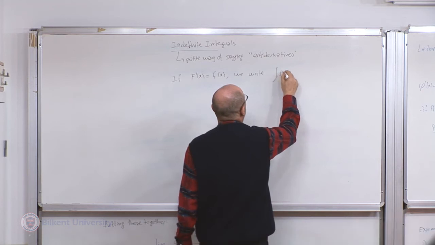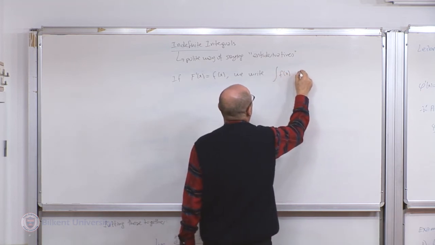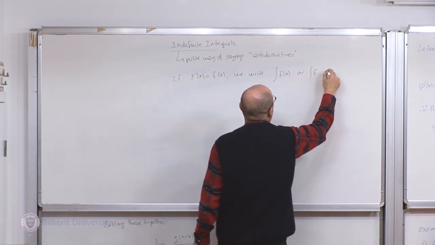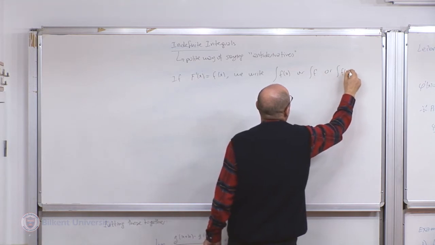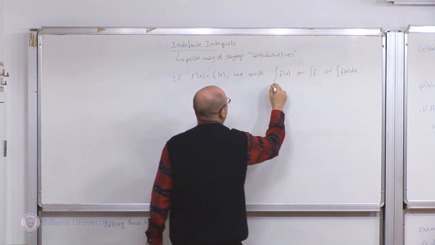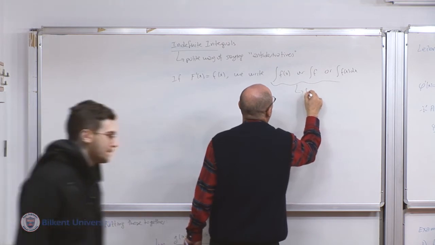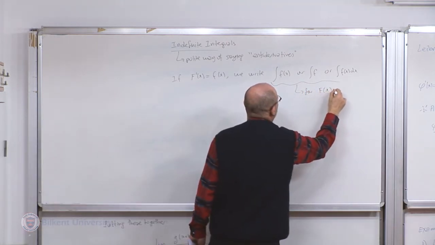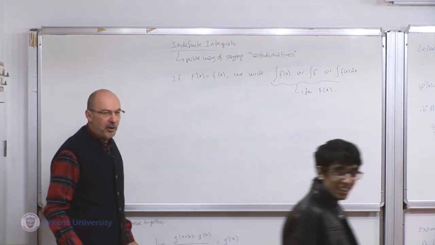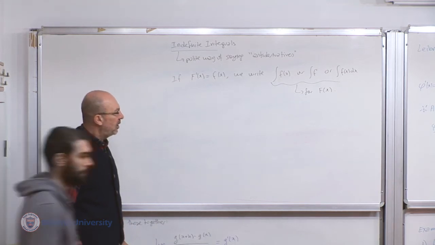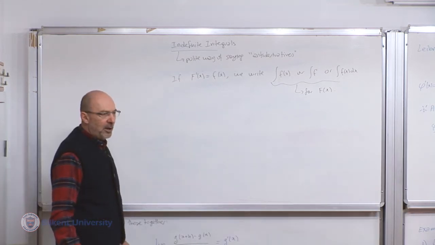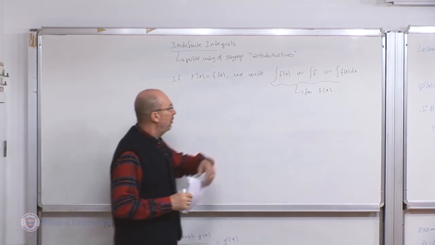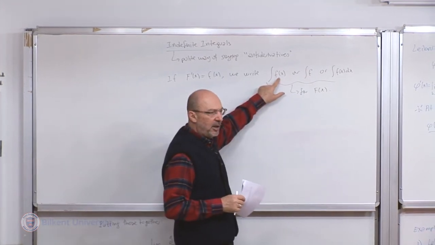We write integral f of x, or integral f, or integral of f of x dx for f of x. So you see we are not evaluating this. We are just saying that we are talking about a function whose derivative gives me the function I write here.